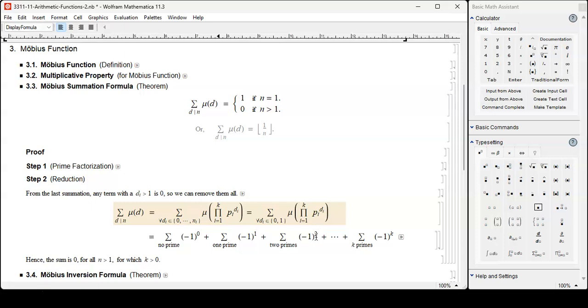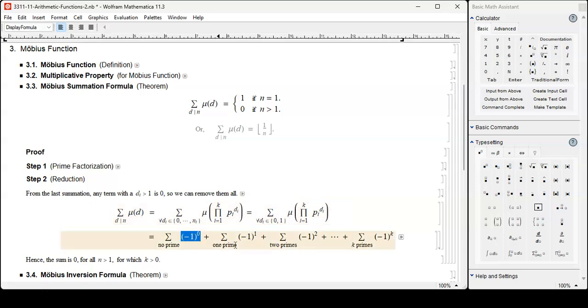And this is the number of distinct prime factors. Then 3 primes, -1 to the third power, 4 primes, -1 to the fourth power, and so on, up to k primes, -1 to the k power. You can rewrite the summation like this.